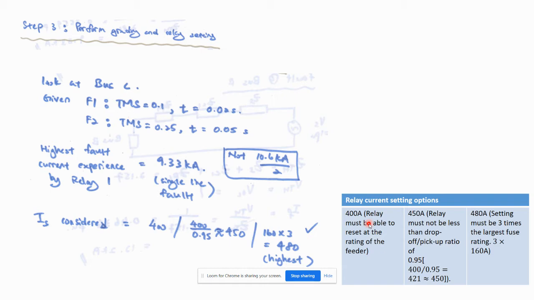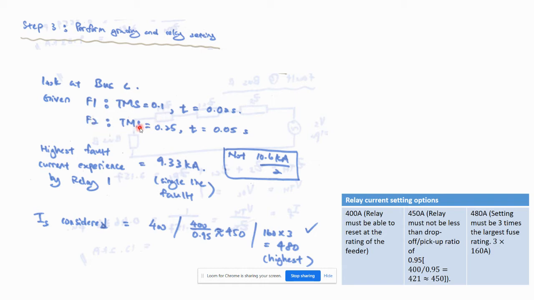But when you want to set relay 1 and 2, you have to coordinate relay 1 and 2 together with the fuses below them. Therefore, we have to look at the properties, the functions of the fuses. We are given that fuse number 1 has a TMS of 0.1 and T of 0.02 second, meaning that the time multiplier setting is 0.1 and the reaction time is 0.02 second. What is this? We'll have a look at the equation later for determining the setting of the relay.